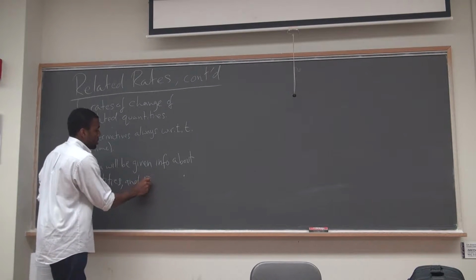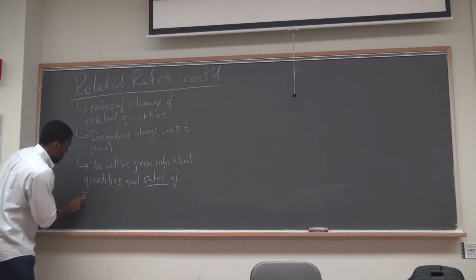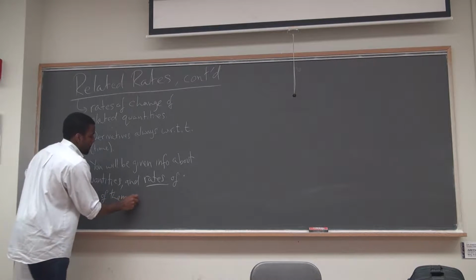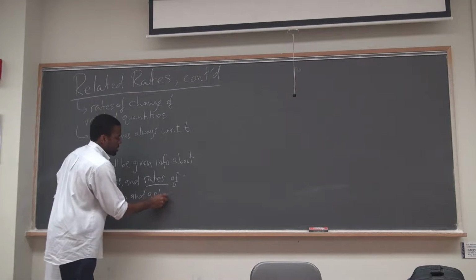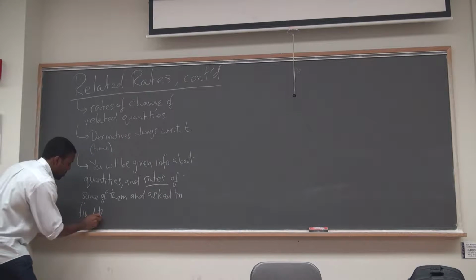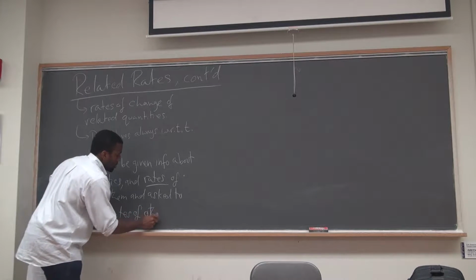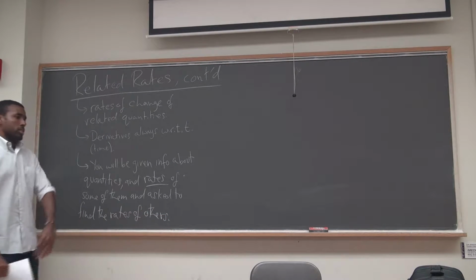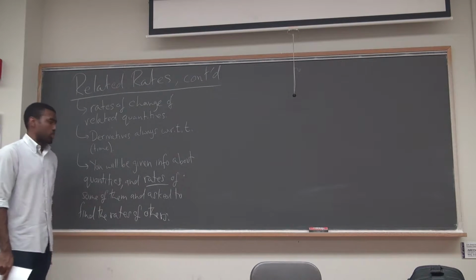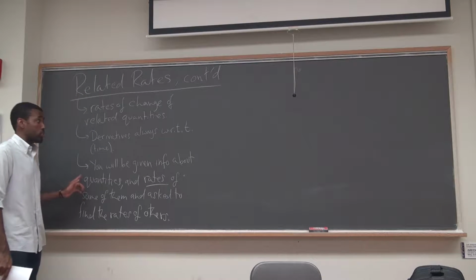And in particular, you'll figure out the rates of some of them, and you'll be asked to find the rates of others. Right, so if someone says, something is moving this fast, find out how fast this other thing is moving that's related to it. Once you know that's the problem, it's a related rates problem. So that's how you'll recognize when you should be doing this.